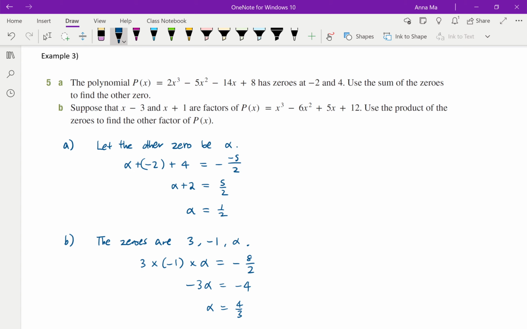Find the other factor though. It doesn't say find the other zero, so I should probably say it's equal to x minus 4 on 3.